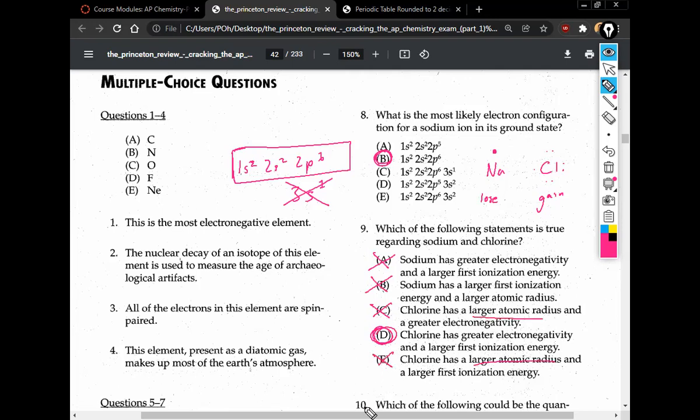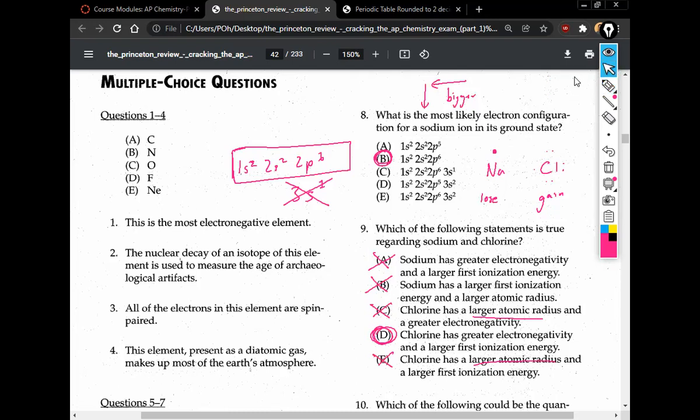Atomic radius is the size, how big. And remember the pattern: as you go to the left and you go down, it's going to get bigger. So the hardest part is just the wording and doing it quickly. That's what's tough.